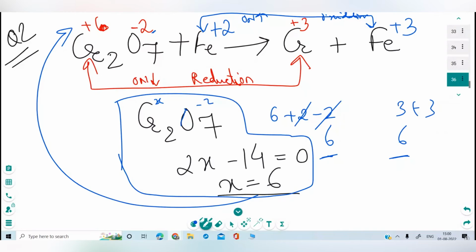Correct? And the atomic number for this is 24. So how do you do it? You remember that electronic configuration, we used to write 1s2 and 2s2 like that. You remember? Oh, you haven't learned those. Electronic configuration of chromium.